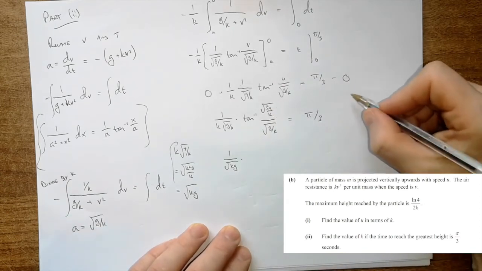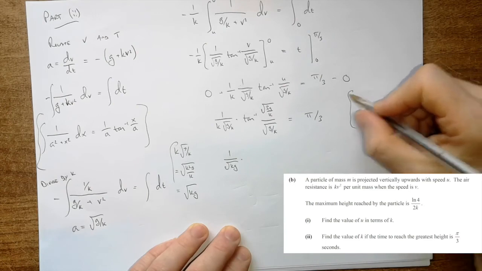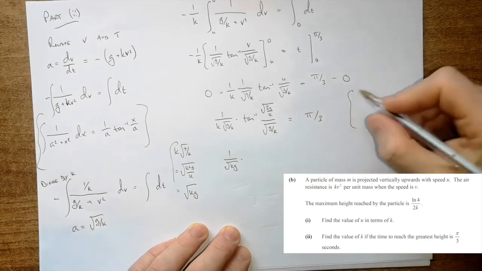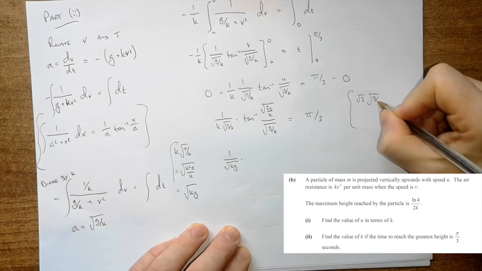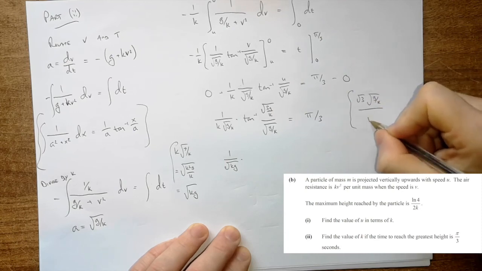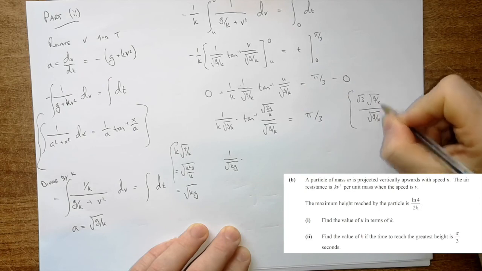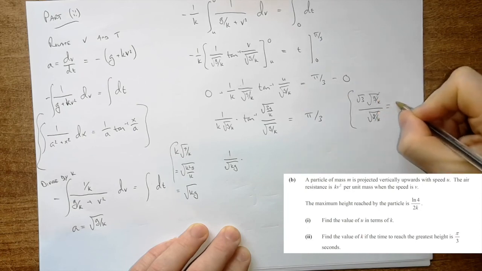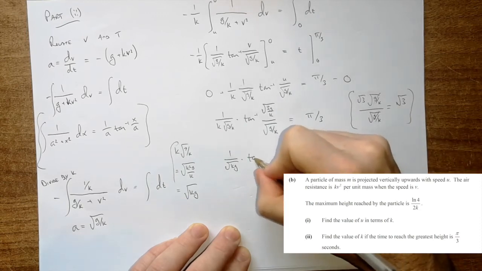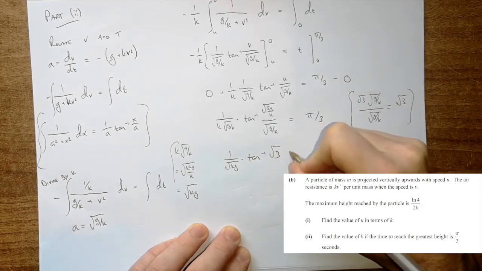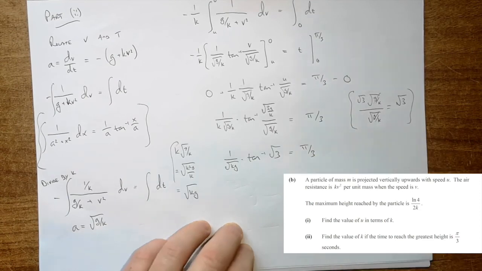Let's do a little breakout on this one. Root 3g over k is really root 3 root g over k all over root g over k. So that's just root 3. Now it's getting nicer. Tan inverse root 3 equals pi over 3.